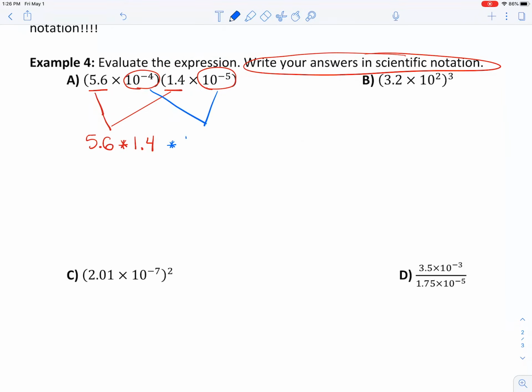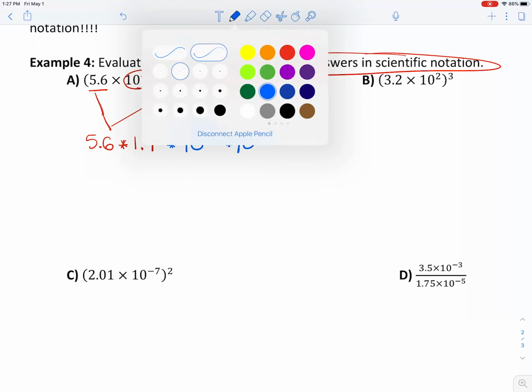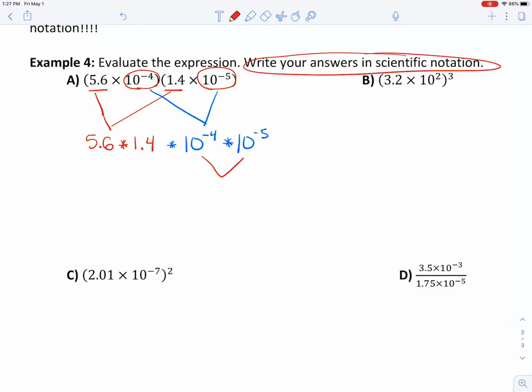Okay, then we are going to take these two, and I'm going to write it out first before I actually compute this. So times 10 to the negative 4th times 10 to the negative 5th. Now if you remember, if we have powers with the same base that are being multiplied together, you add the exponents.